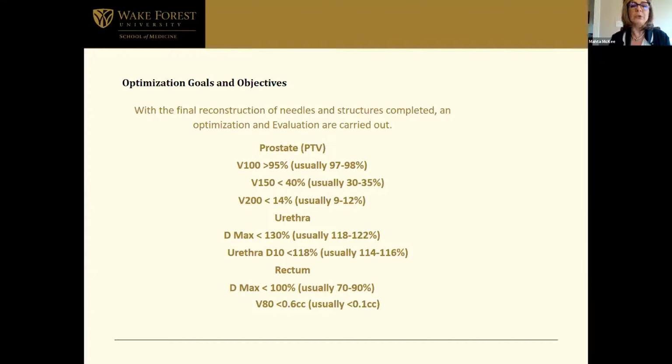Ideally, you will be able to get about 97, 98%, with V150 less than 40% and V200 anywhere between 9 to 12%. Urethra, you want to keep it under 130%, and urethra D10 you want to be around 110, 114 to 116. Rectum, you want to make sure the V80 is less than 0.1 cc if you can.